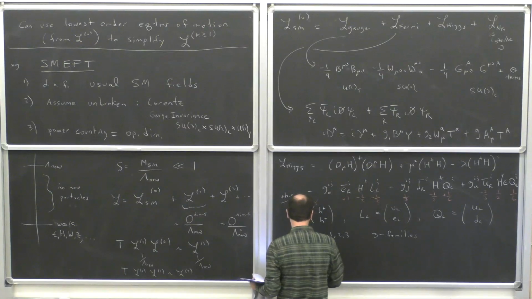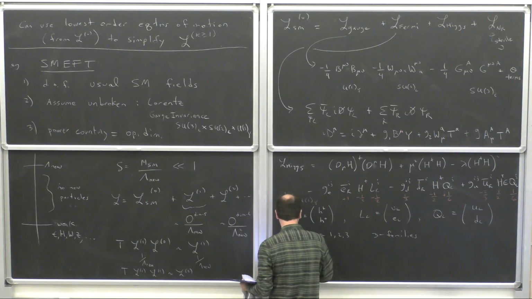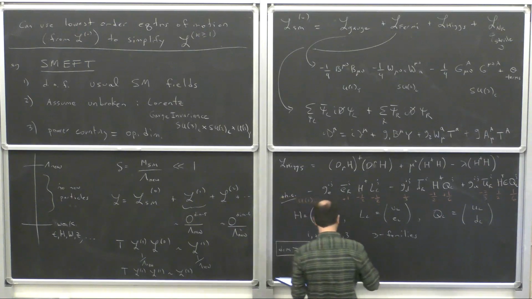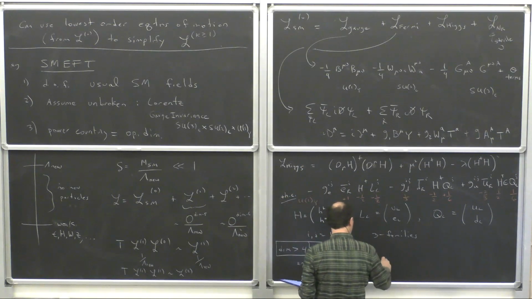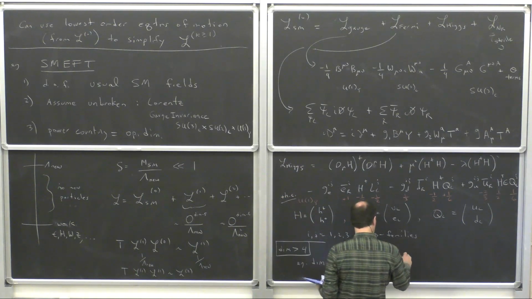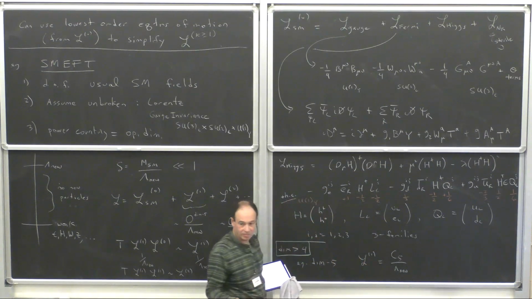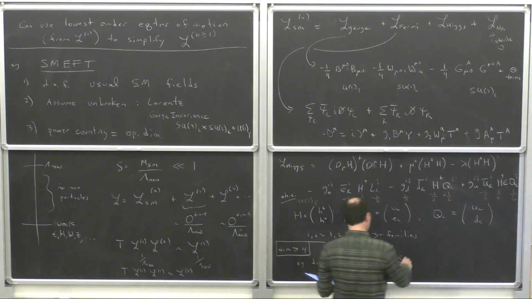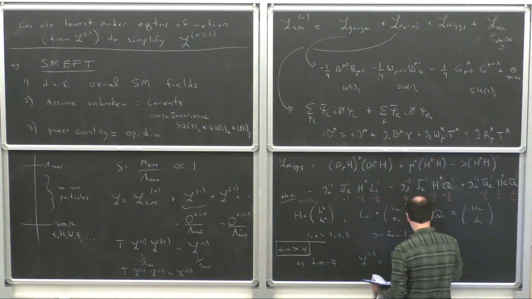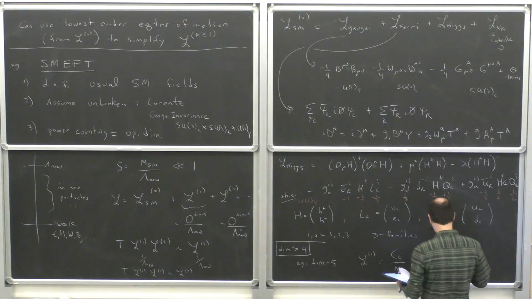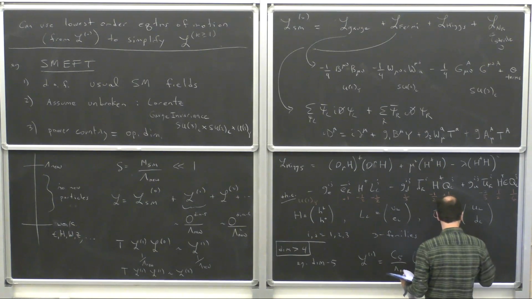So it turns out if you go to dimension 5, that there's only one type of operator. Amazing. You go through all the constraints from the gauge symmetry and Lorentz invariance, and it eliminates everything except for one term. And the one term that survives is actually very interesting.